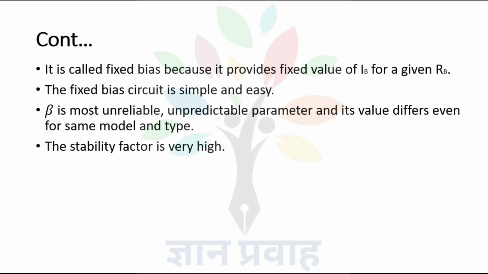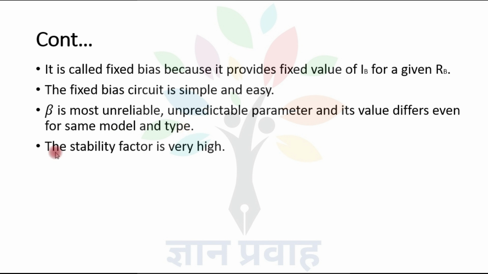A few points about the fixed bias circuit: it is quite simple and easy, and it is called fixed bias because it provides a fixed value of input current for a given input resistance value. The limitation of this configuration is that the stability factor depends on the beta factor, and beta is the most unreliable, unpredictable parameter. Even its value is different for the same model and same type of transistor.